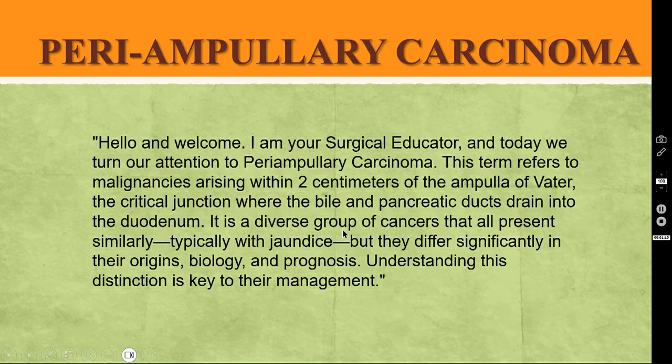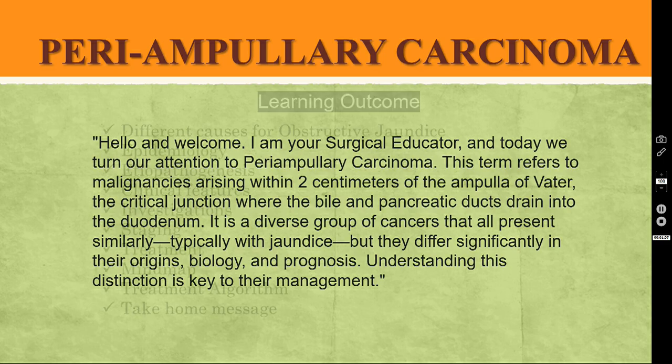It is a diverse group of cancers that all present similarly with obstructive jaundice, but they differ significantly in their origins, biology, and prognosis. Understanding this difference is the key to their management.